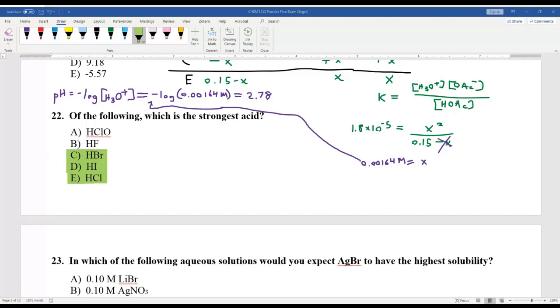Hint, which is the largest ion attached to the hydrogen? Iodine, exactly. Iodine is the largest and therefore it is the most polarizable. So hydroiodic acid is actually the strongest of the strong acids.